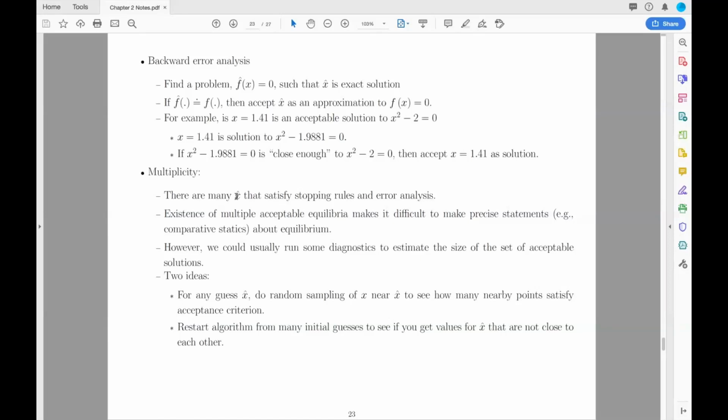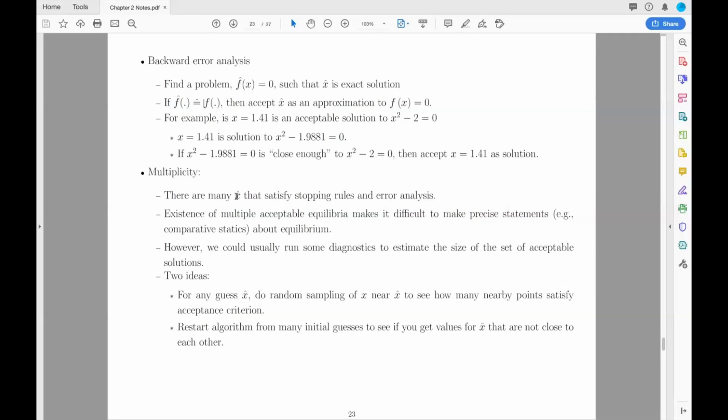But the fact is that you do any computation, there's going to be an infinite number of acceptable solutions, whatever your stopping rule is. And the real question I like to ask is, how big is the set of epsilon equilibria? And if that set is not small, then your methods don't allow you to say much.